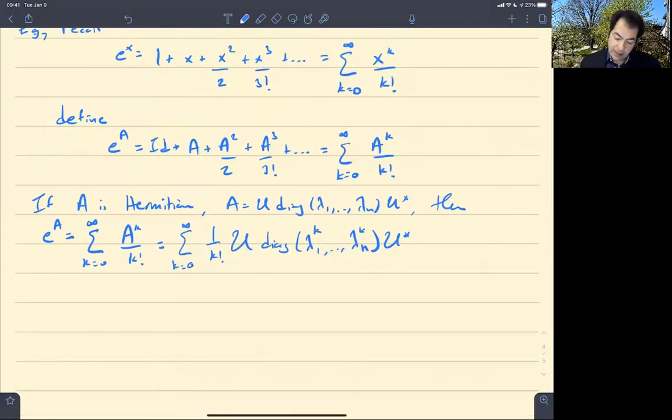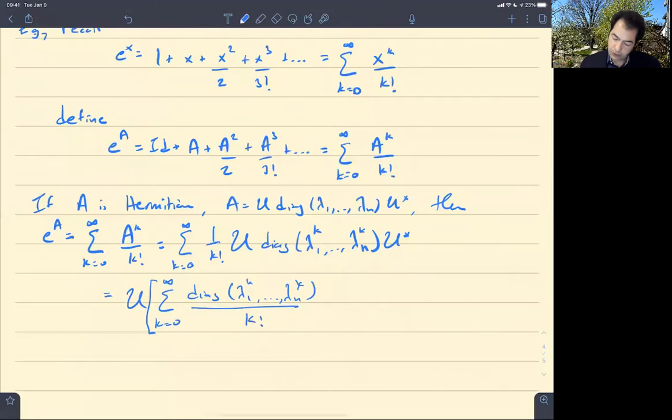Now notice that in this sum, I could take U as a common factor and U star as another common factor. So I could write this as U times the sum k goes from 0 to infinity of this diagonal matrix, lambda 1 to the k through lambda n to the k, divided by k factorial, and then U star.